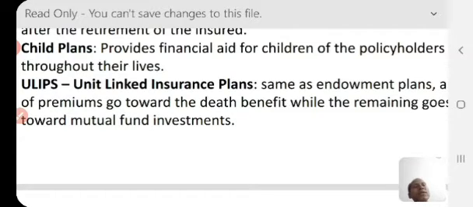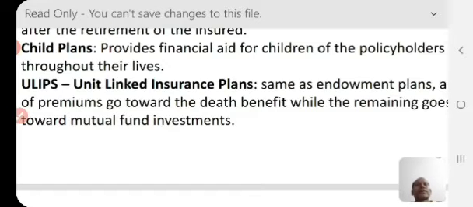That may be health expenditure needs, educational needs, or any other required needs of the children, to be with dignity in society. Child plans are taken by the parents for the well-being of their children.